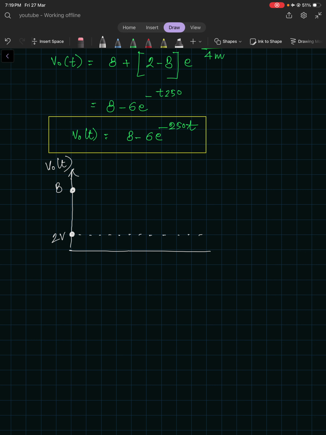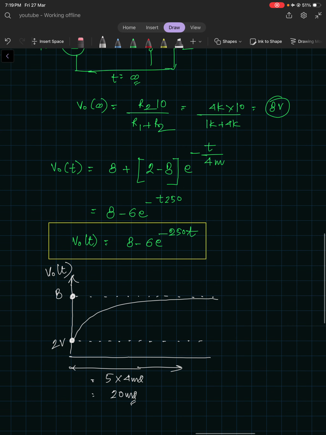The response would be sandwiched between these initial and final voltages. It is a first order circuit, so it goes like this. In 5 time constants, 5 into 4 milliseconds, roughly 20 milliseconds, the transient will die out, and this is how the response will look, right?